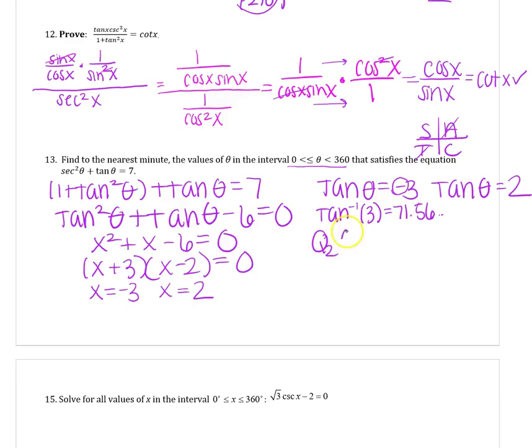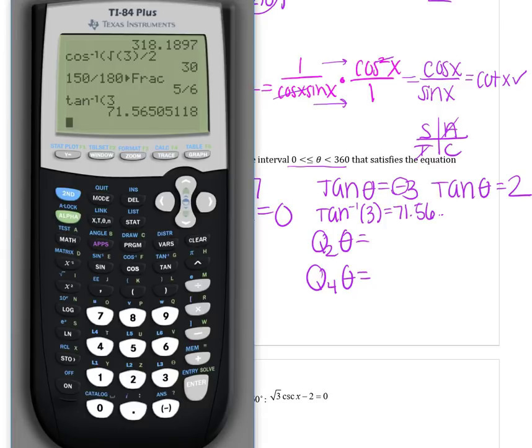So quadrant 2 theta, quadrant 4 theta. Okay, now something else to notice is your directions say nearest minute, so make sure we do DMS in our calculators. Okay, so here we go. So quadrant 2 theta would be 180, take away the 71.56 number, which actually, can I just store this real quick?